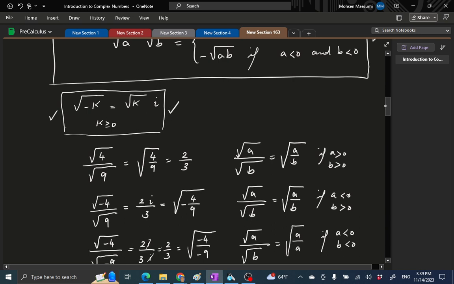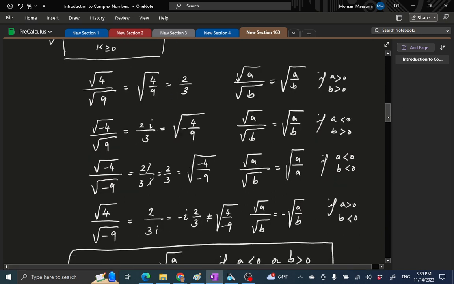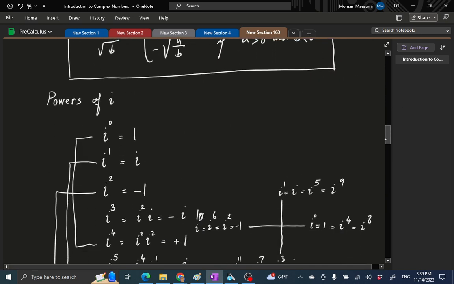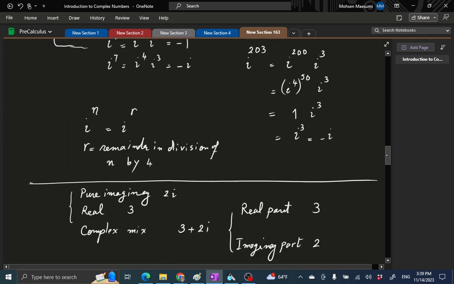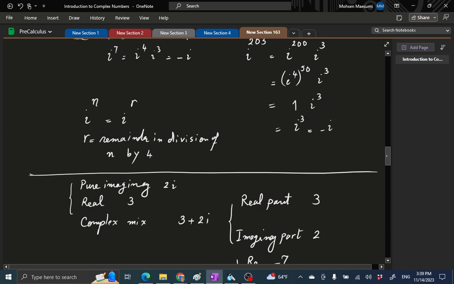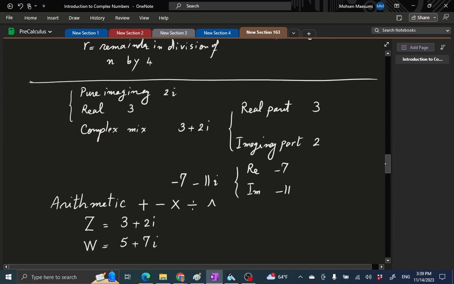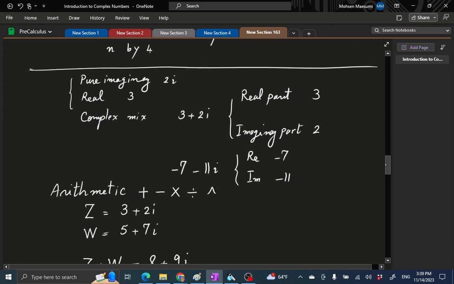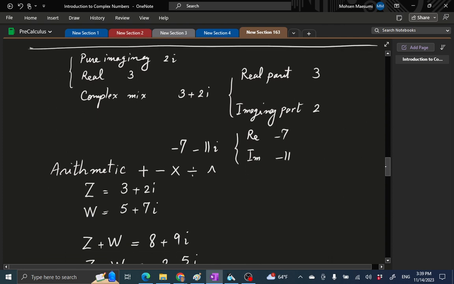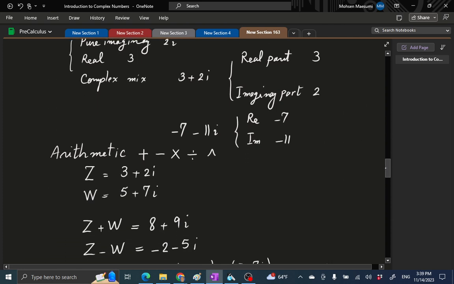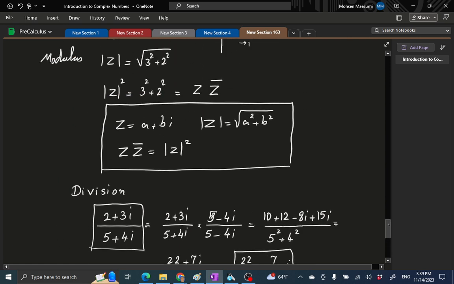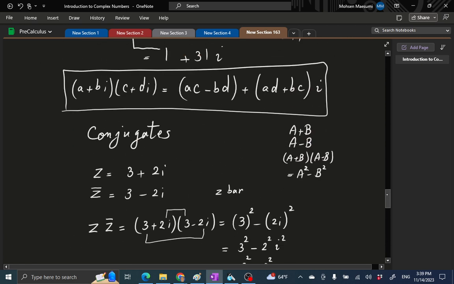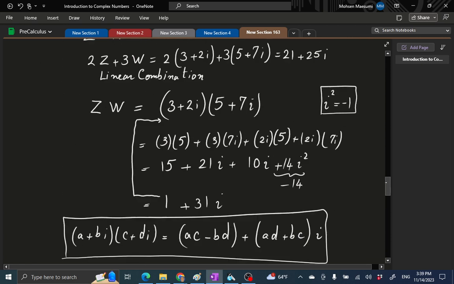We said writing it in this style will take care of all the fine points for us. Powers of i, we mentioned that we are essentially going on a circle, and we gave a shortcut for large powers. Then we called the real and imaginary part of a complex number, and we started our way on arithmetic: addition, subtraction, multiplication, division, and power.